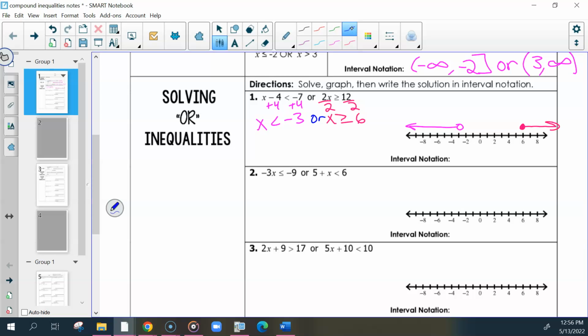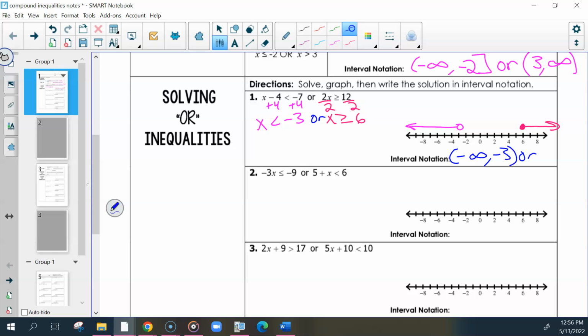And if we're writing this in interval notation, going left to right, where does this start? Negative infinity. And then it stops at negative 3, would that be a parenthesis or a bracket? It'll be a parenthesis. Correct.